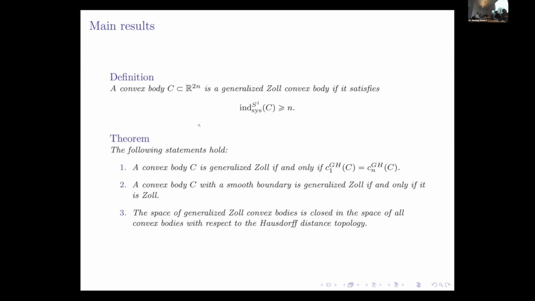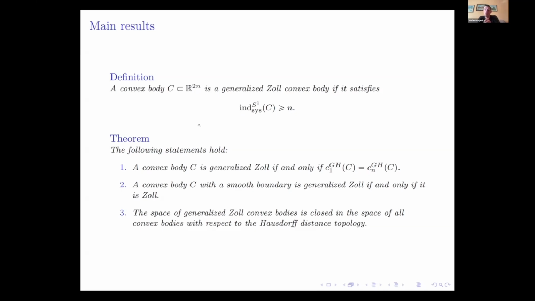Can you prove the local maximality of the Viterbo for generalized Zoll? It's known for smooth Zolls. There are some indications that this characterization with capacities could help.